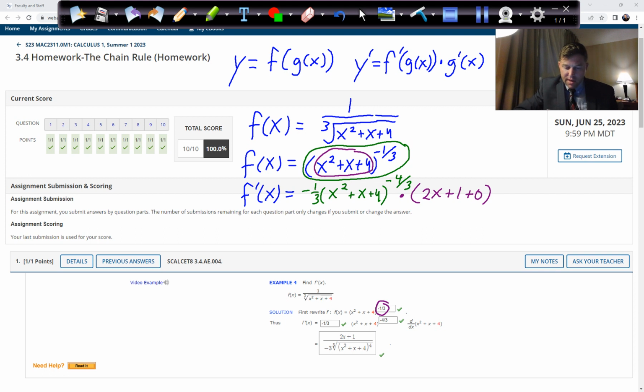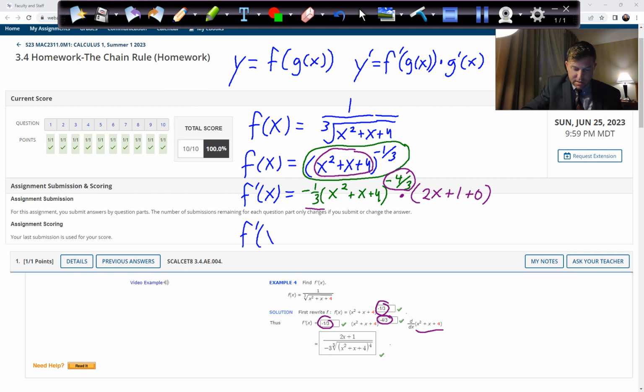Then we did the derivative of the outside, where we brought the minus 1/3 down and subtracted 1 from the power and made it minus 4/3. And then we found the derivative of the inside function to be 2x plus 1 plus 0. Now the last step that we haven't yet done is putting it all together.